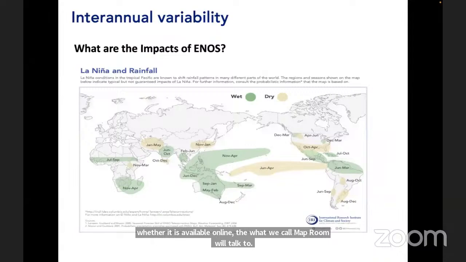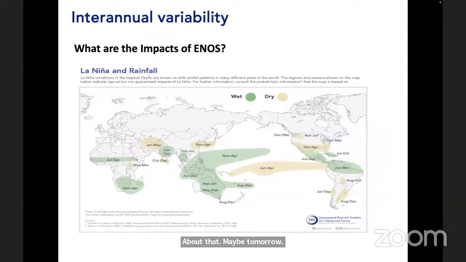Impact of La Nina on rainfall, again, is the opposite. You can see November to March being dry during La Nina over Kenya and southern Ethiopia. That's what happened from 2020 to 2022.